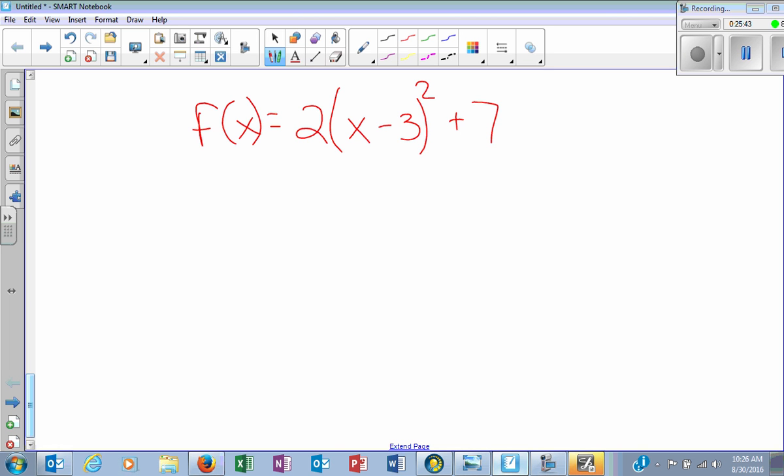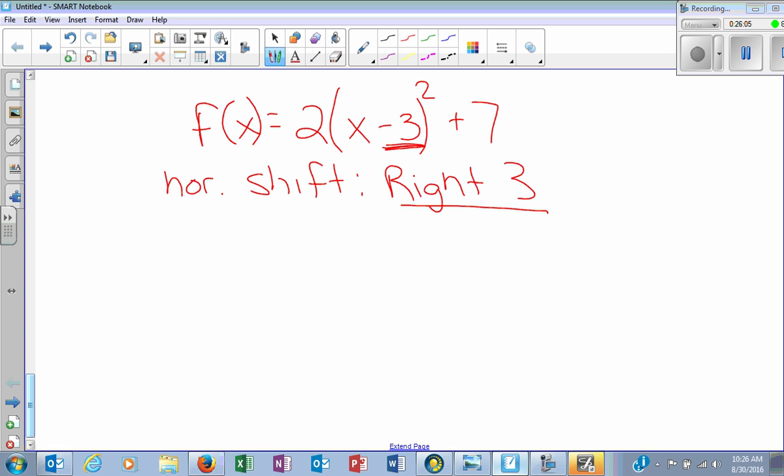It's going to say, do you have a horizontal shift? A horizontal shift means you are physically taking the graph and moving it left or right. That comes from right here. What do I know my horizontal shift is? Right 3. And on your test, it's going to have this, and you just write this in.